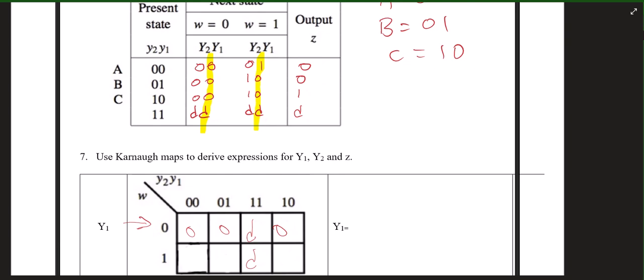And I have a 1 for 0,0. I have a 0 for 0,1. And I have a 0 for 1,0. So all I have is this 1 here. So y1 equals y2 bar, y1 bar, w.